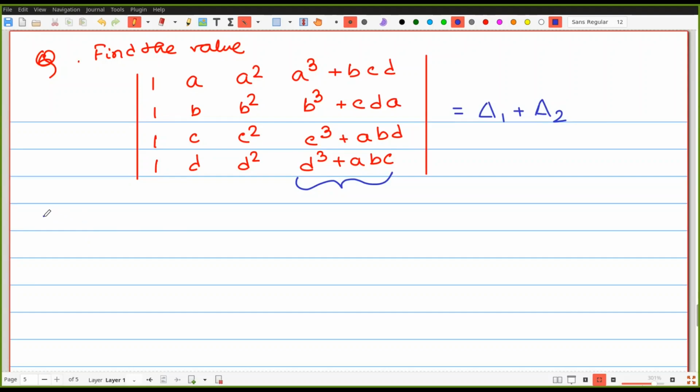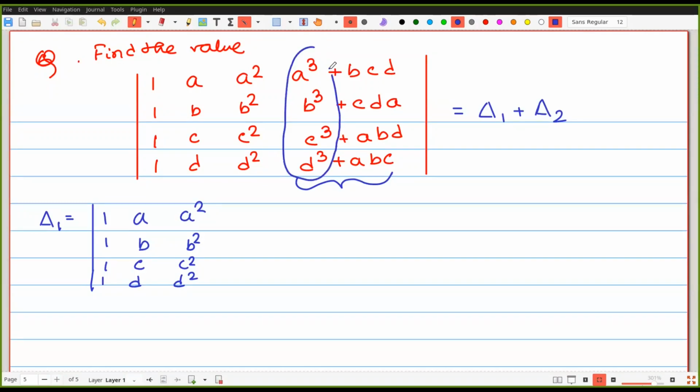So, according to that, our delta 1 is: 1, 1, 1, 1, a, b, c, d, a square, b square, c square, d square, and we are writing that portion: a cube, b cube, c cube, d cube. Plus the delta 2.